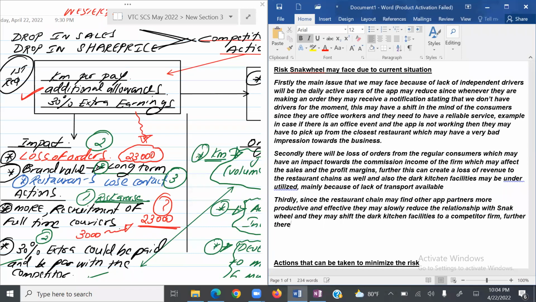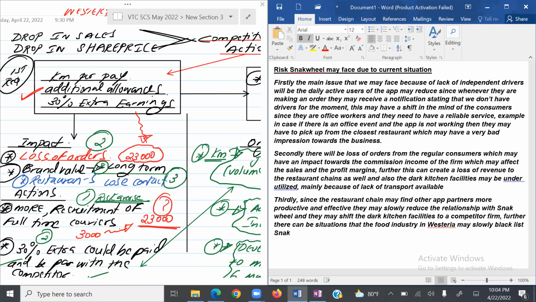Further, there can be situations that the food industry in the West area may slowly blacklist Snack Wheel, since they are not contributing to the required sales.